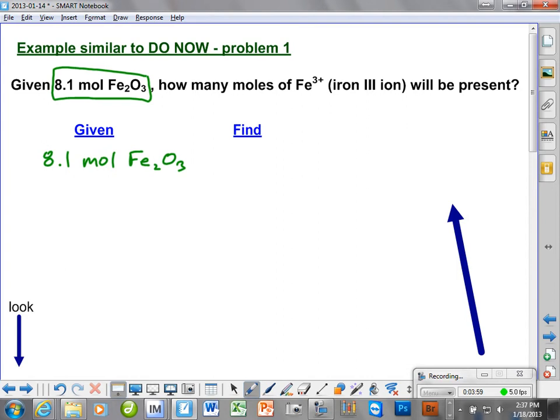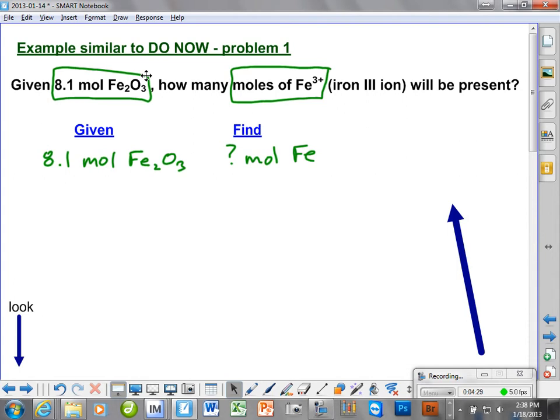And our find is going to be right in this part, where we have moles, and that's what we're looking for, moles of iron. I'm going to just leave out that number so that we don't get lost in those numbers and get confused. Because the concept is really very simple. It just gets lost in the numbers so very, very easily.